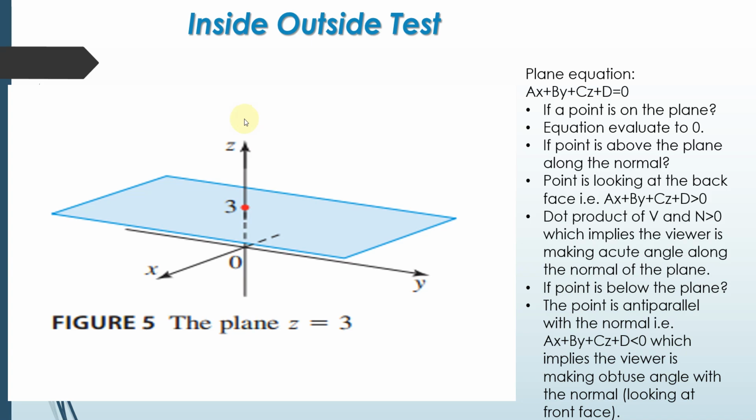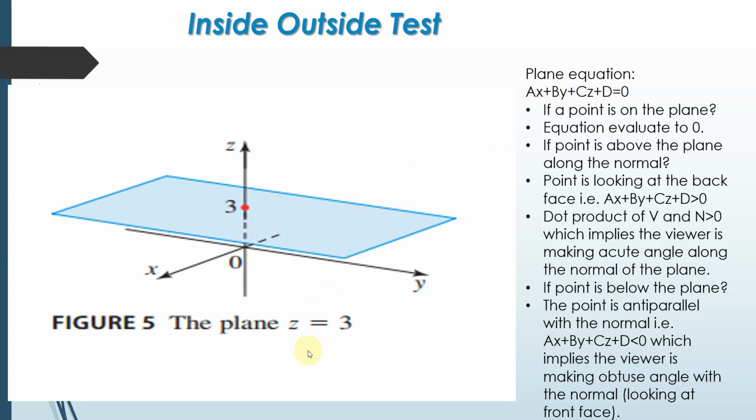So first of all, this for example is a blue colored plane, and this is the origin, x, y and z direction. You can see that the positive z direction is normal to this plane and the plane equation is z equal to 3. How do we generally describe a plane's equation in 3D geometry? The generalized formula for a plane is ax plus by plus cz plus d is equal to 0, where capital A, B, C and D are constants.